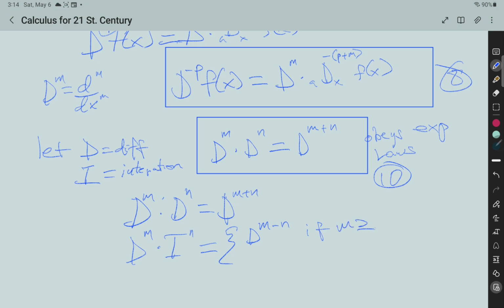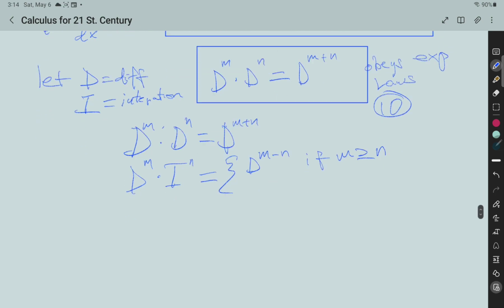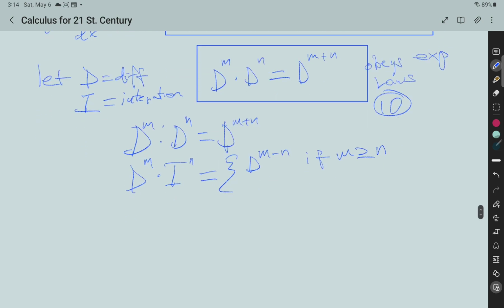M is greater than or equal to n. Okay. And then if you have an integration and another integration operator, I of m... I missed the first part right here.